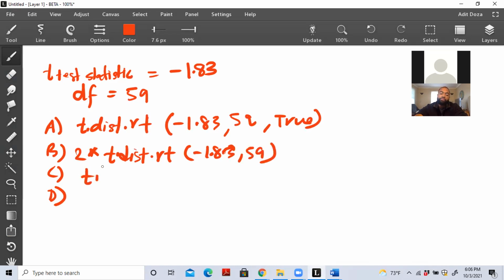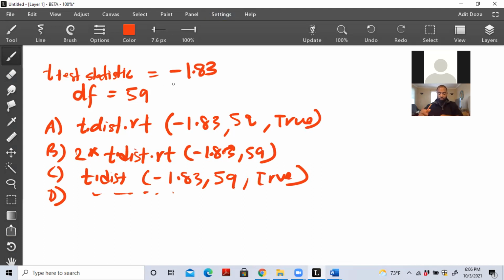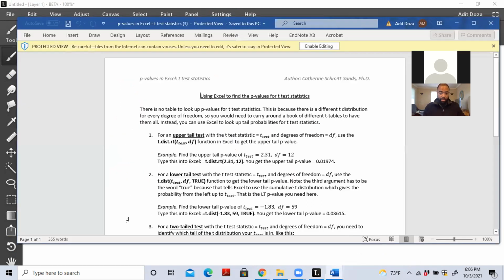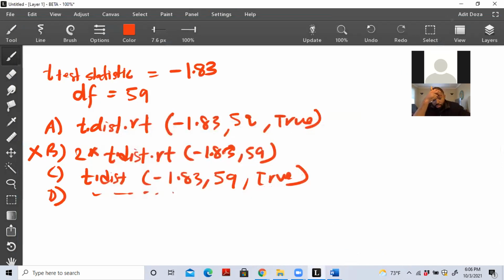Another could be just T.DIST of negative 1.83, 59, TRUE, and so on. There will be 4 options. Which one should it be? Because it's a lower tail test, not 2 tail, it cannot be B, so you cross out B. In this case it would be C, because it's a lower tail test.